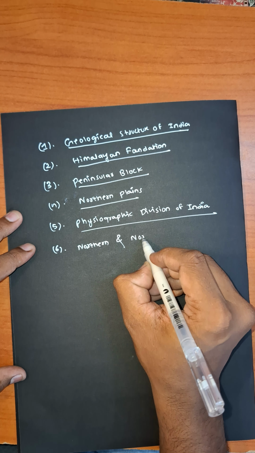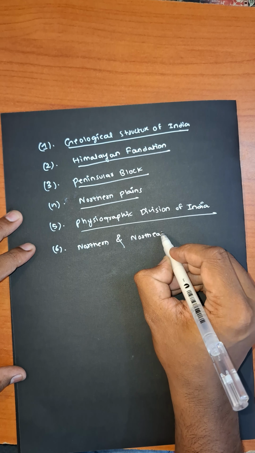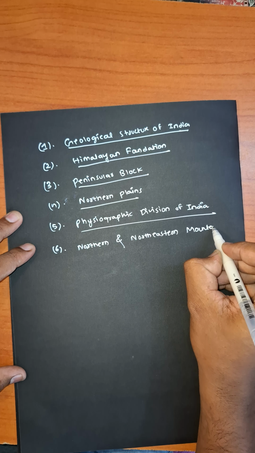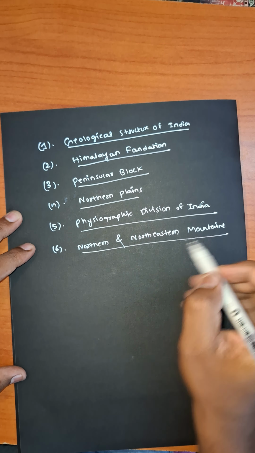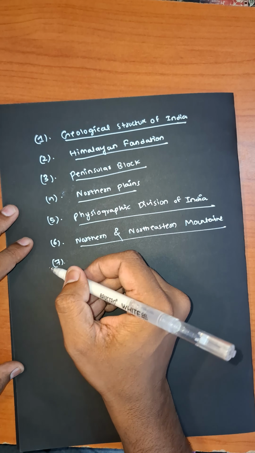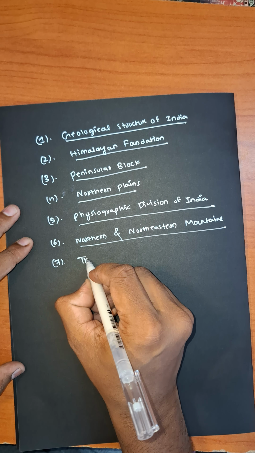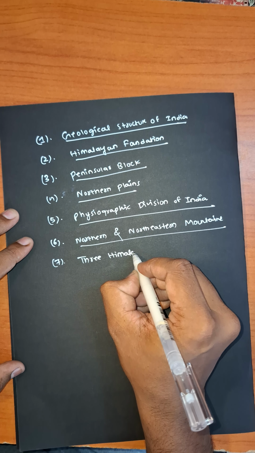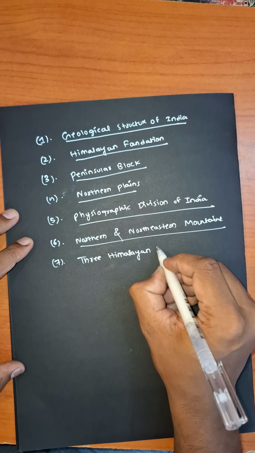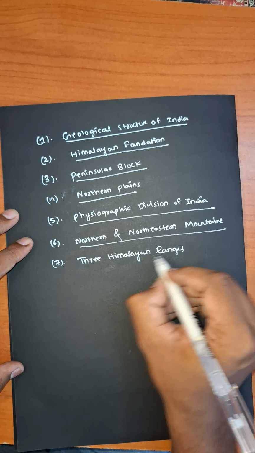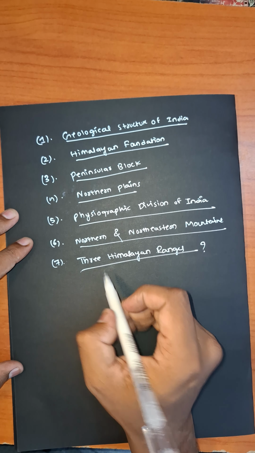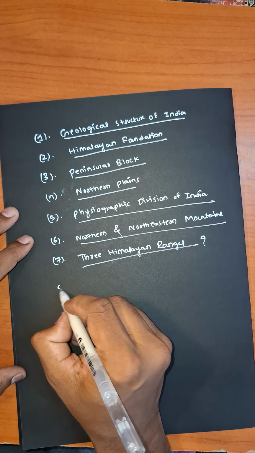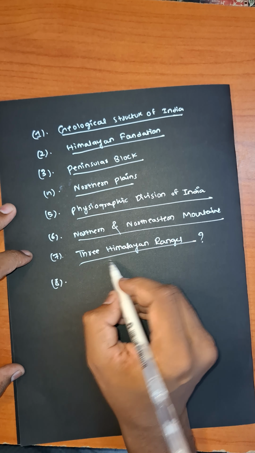Northern and northeastern mountains. We're going to see what those are. And the seventh one is the three Himalayan ranges. What exactly are those three Himalayan ranges? Okay, we're going to see.